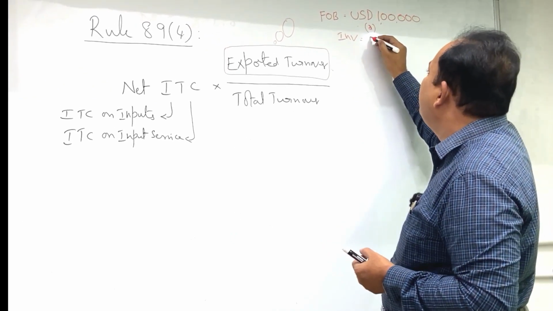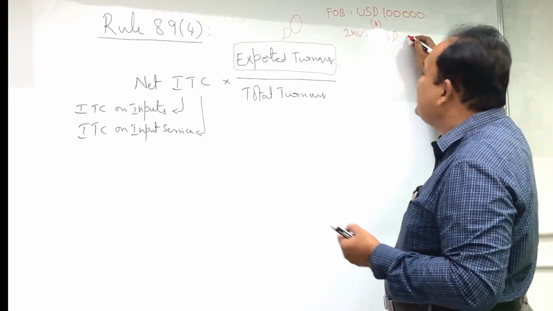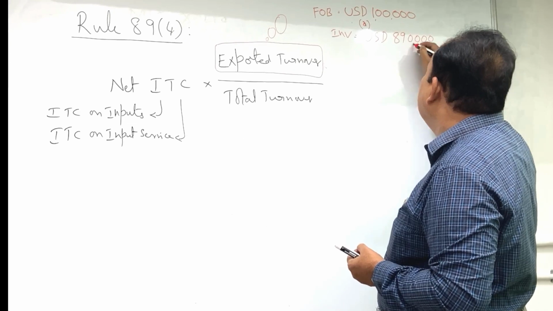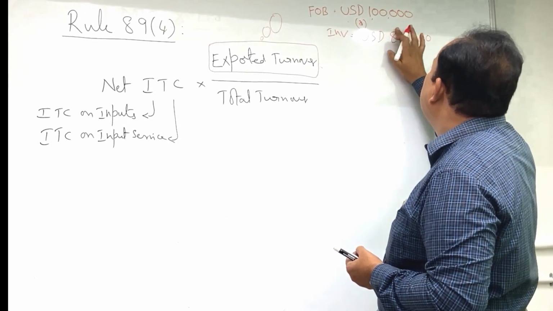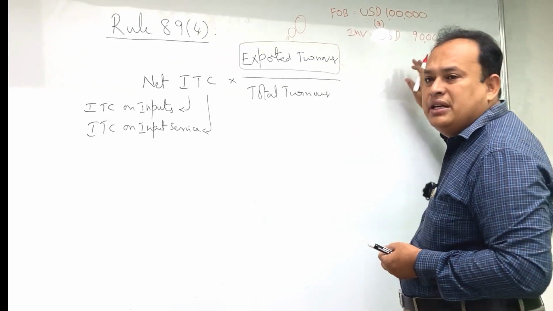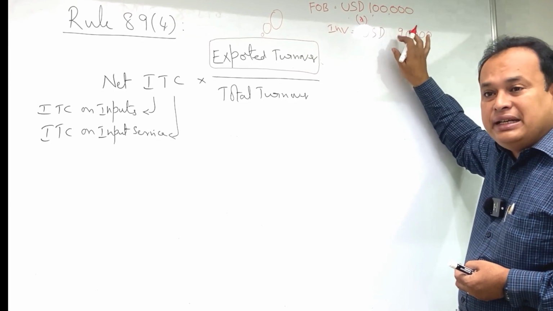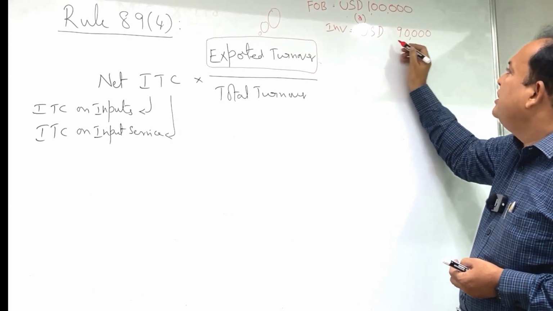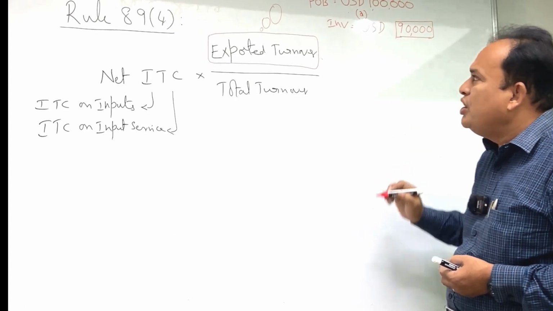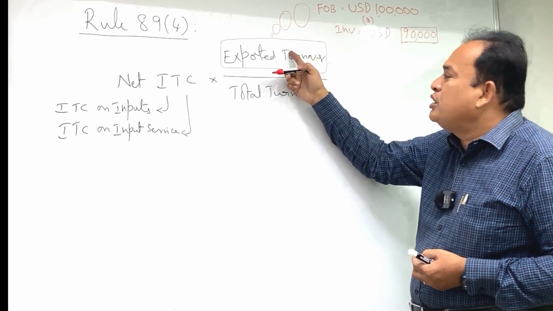For example, let us say $90,000 USD. Among the two, whichever is less, $90,000 is the lesser value. That you have to choose while deciding the export turnover.